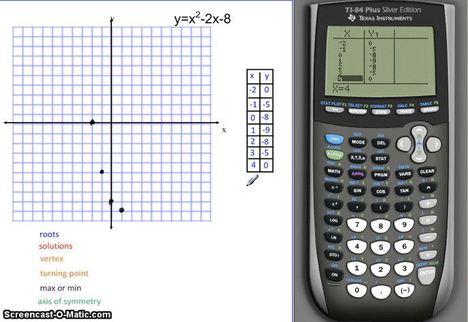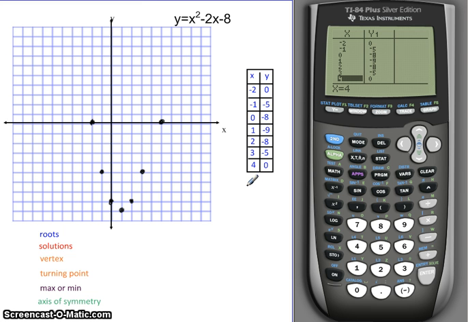And then my graph turns around and comes back up again. 2, -8 is right here, over 2, down 8. And notice how it lines up with the point 0, -8. My next point is 3, -5. And my last point is 4, 0, over 4, up 0.